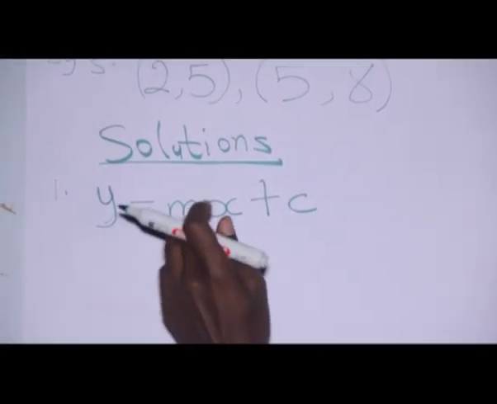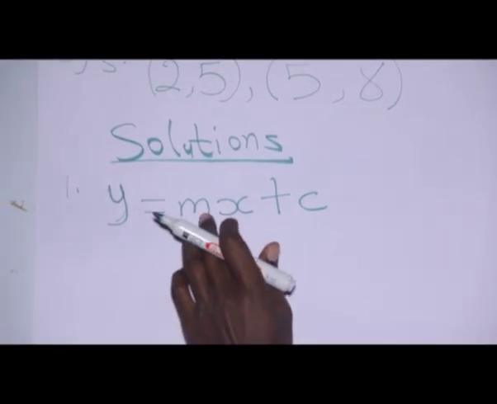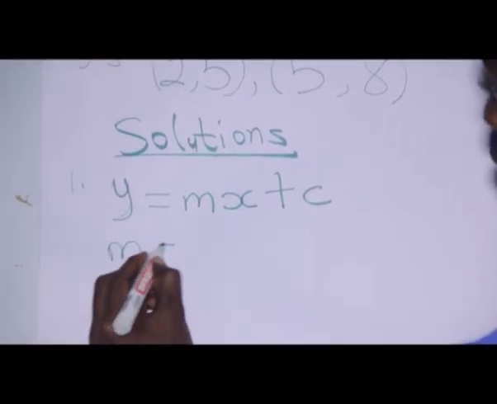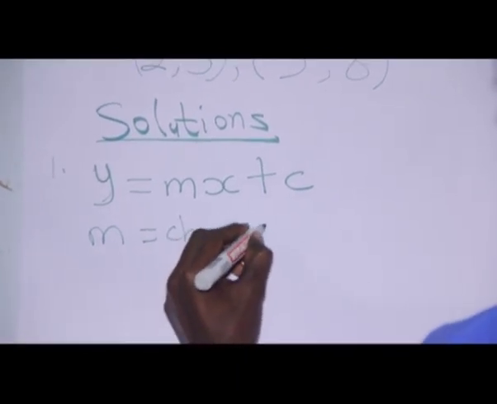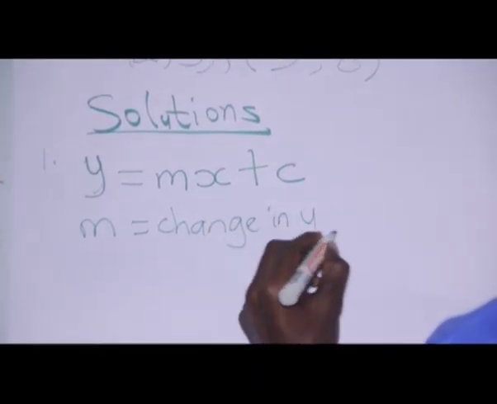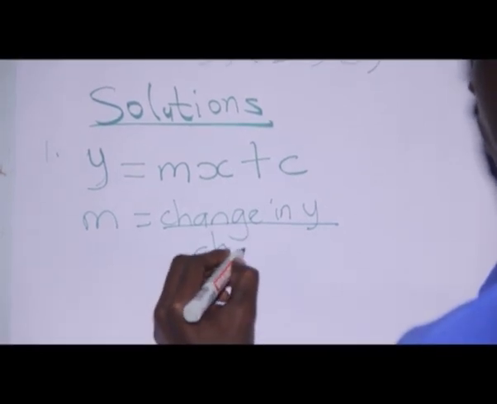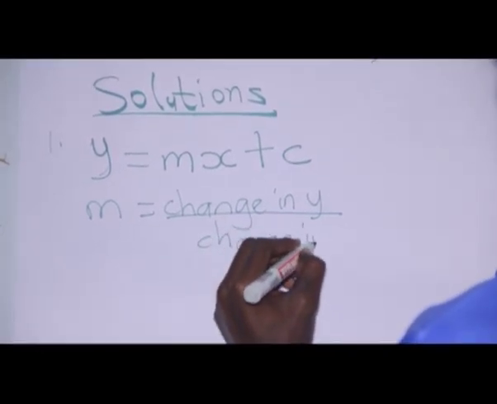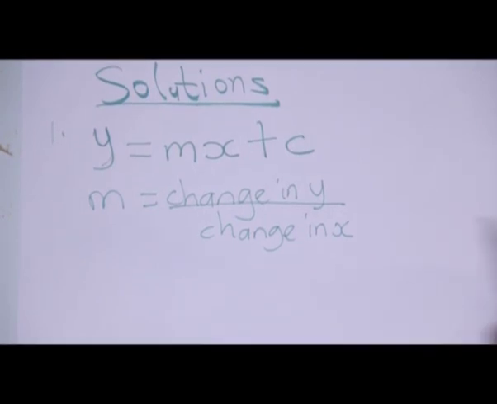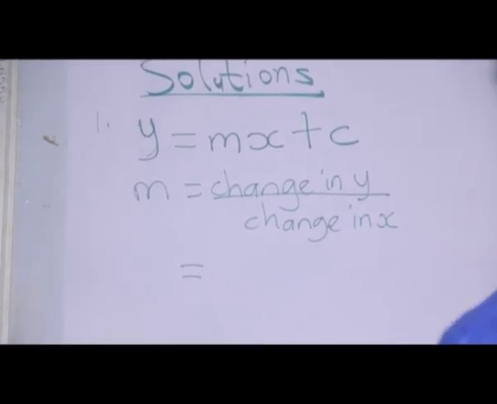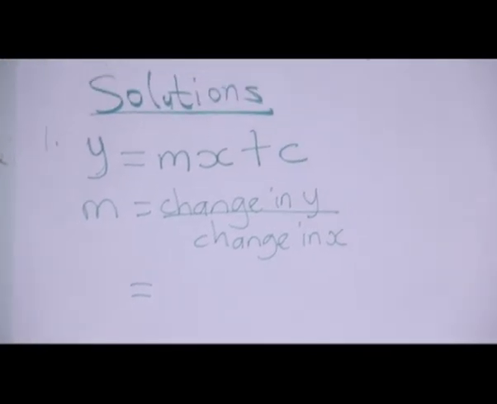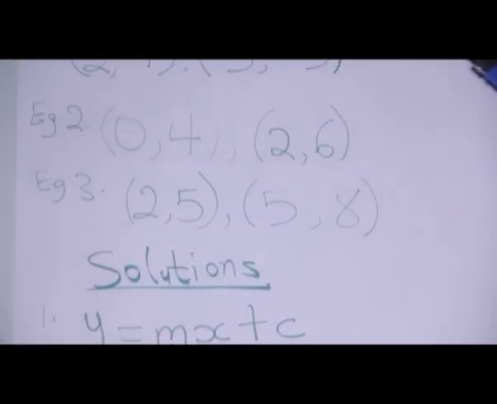So I start by looking for my gradient m, and we know that gradient m is got by getting the change in y divided by the change in x. Change in y divided by change in x. For the change in y, I get the difference between the y coordinates.